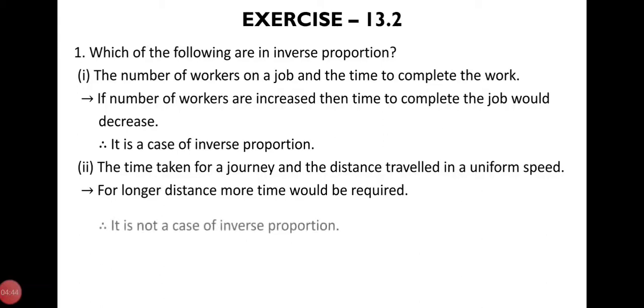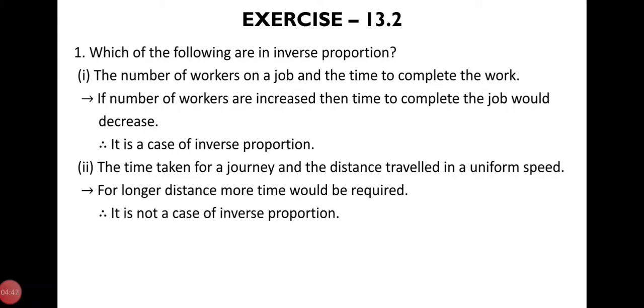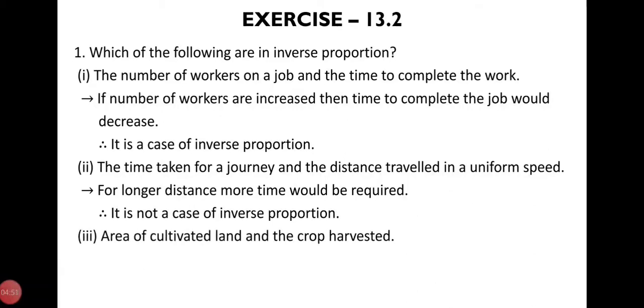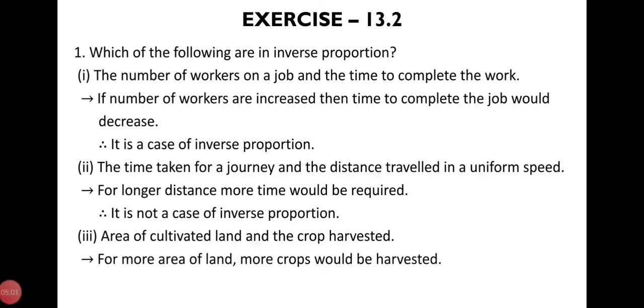So it is not a case of inverse proportion. Number 3. Area of cultivated land and the crop harvested. Here also you can see if the area is more, we can harvest more crop. For more area of land, more crops would be harvested. Therefore, it is not a case of inverse proportion.